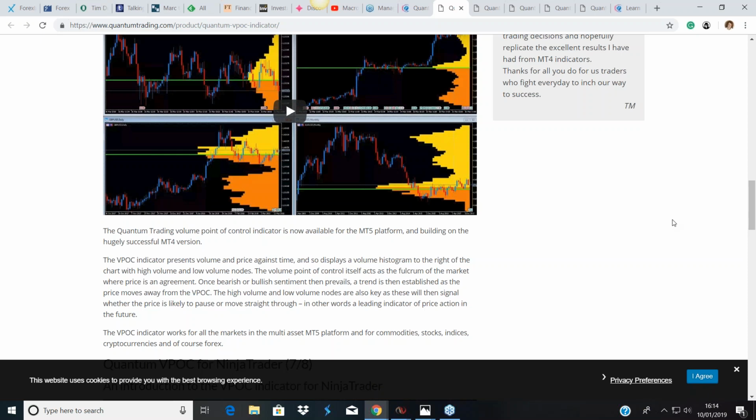But if you already use other indicators or you have a different approach, different tactics, they're there to leverage those tactics, if you like. And as I said, we've got Elliott wave traders and Fibonacci traders who have perhaps added the VPOC, so that they can look at volume, price and time, to look at the fulcrum of the market. It just makes the existing tactics that they have been using more effective.